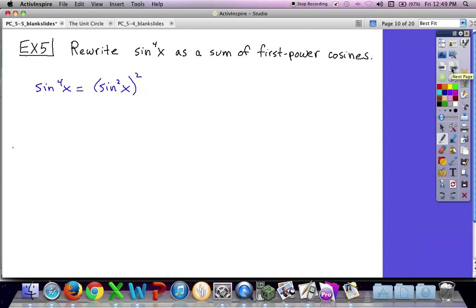So okay, simplify. Right? The denominator will be a 4 by 2 squared. What do we have to do in the numerator?